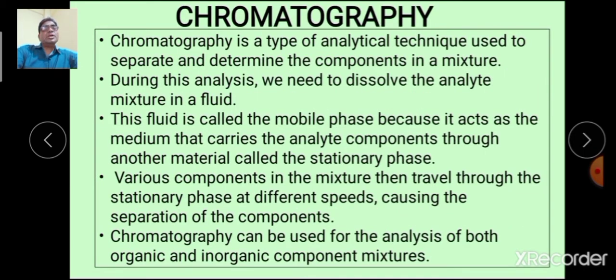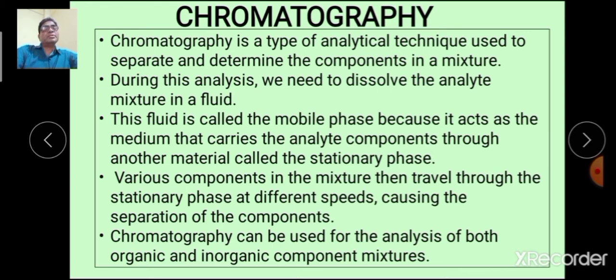Now students, chromatography is a type of analytical technique used to separate and determine the components in a mixture. During this analysis, we need to dissolve the analyte mixture in a fluid.